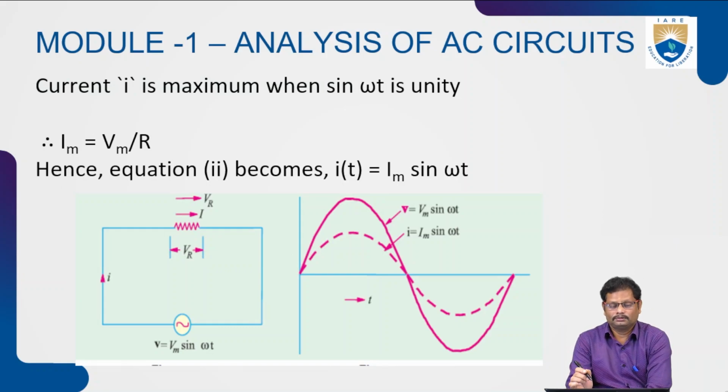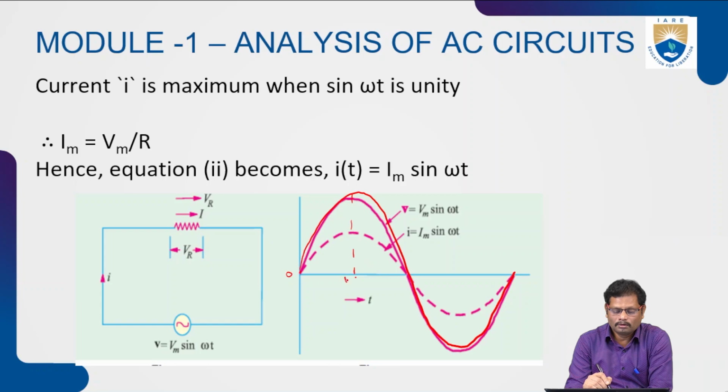The behavior: the voltage applied is a sine wave, that is, alternating voltage. With respect to time, the quantity also varies alternately. It starts at 0, reaches maximum at pi by 2, and reaches 0 at pi.